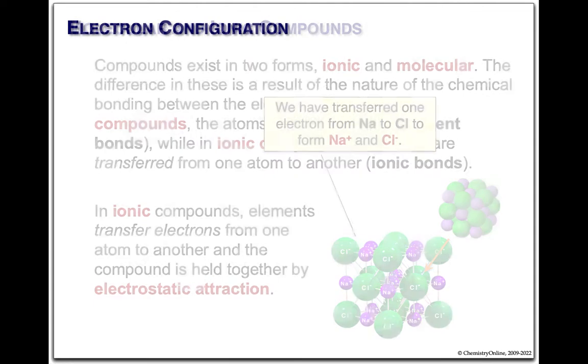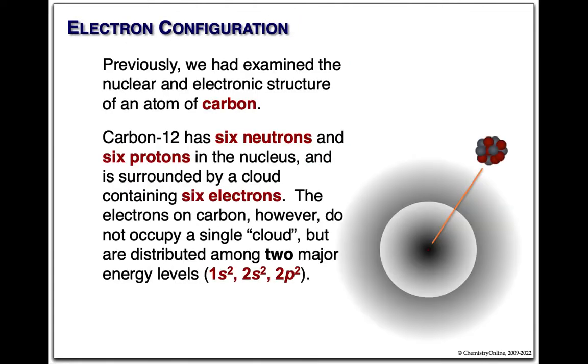Now, when we were doing electron configuration, I said the thing that we were interested in from electron configuration was the valence electrons. This represents carbon. Carbon is in the second period, so it's right here. That means the first period is full, 2 electrons, 1s2.